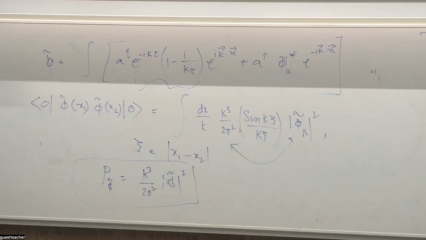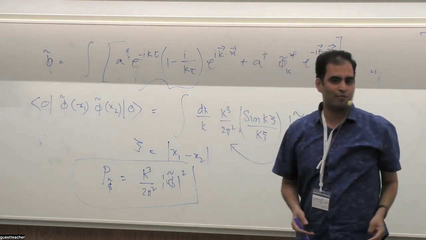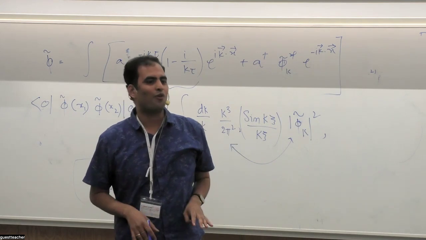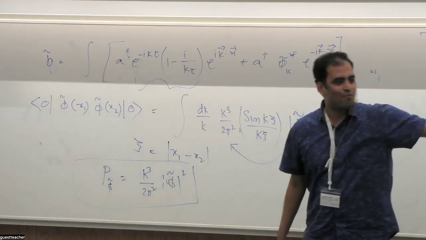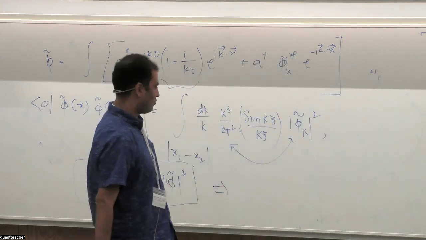But phi tilde is not the field you want to know, because remember we started with a field in curved space-time, which is phi. This is just a trick. We replace phi in terms of phi tilde to implement the framework of quantization, because we only know how to quantize harmonic oscillators. That's just a trick, but still we get some description of a quantum field in curved space-time.